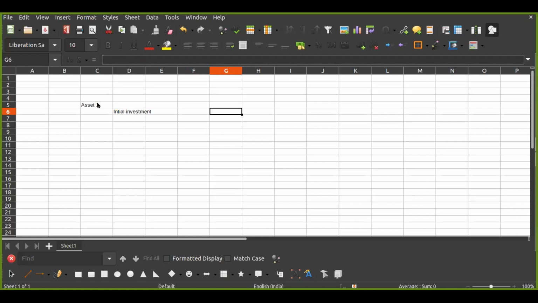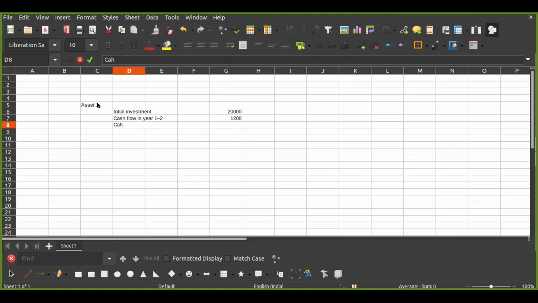investment of 20,000 and the cash flow for 2 years, from year 1 to 2, let it be 1,200.